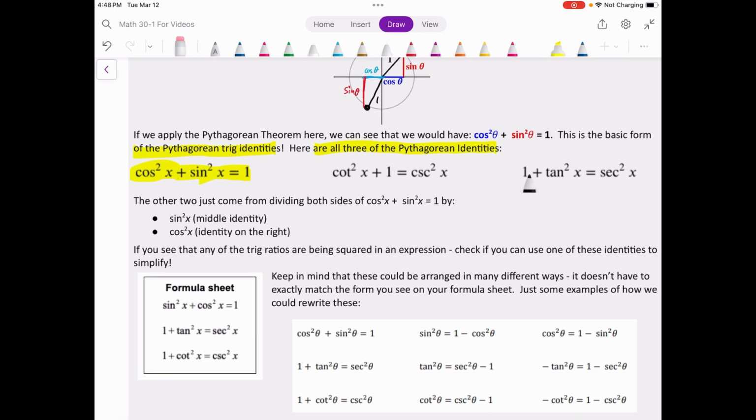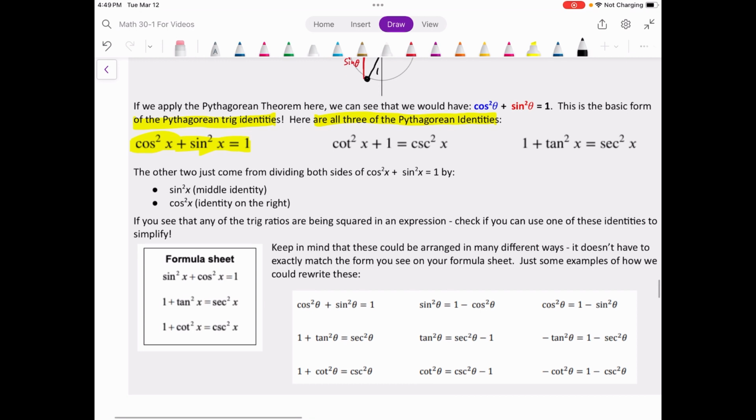If I divide cos squared by cos squared, I get 1. If I divide sine squared by cos squared, sine over cos is tan, so I end up with tan squared x. And if I divide 1 by cos squared x, 1 over cos is secant, so 1 over cos squared x gives us secant squared x. So they're really the same identity, just played around with in 3 different ways so that we can use them in different situations more conveniently.